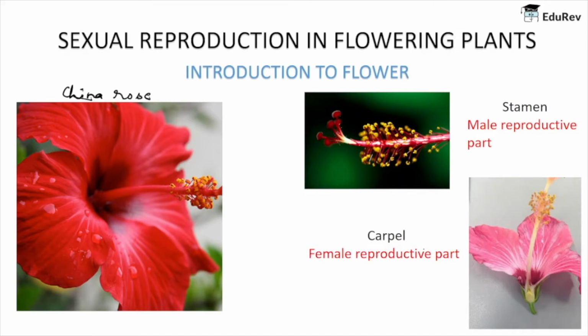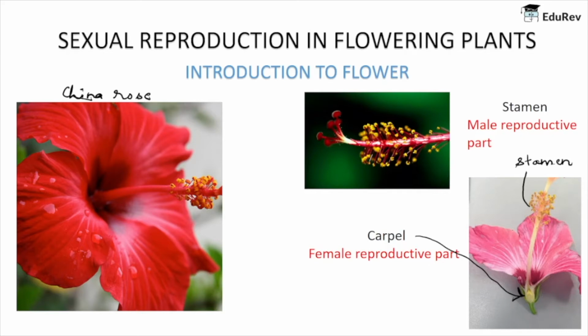Here I would like to label the carpel, which is present here, and on top of it you'll find the stamen. This is the cross section of this China rose or hibiscus flower.